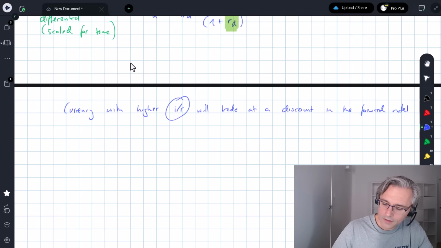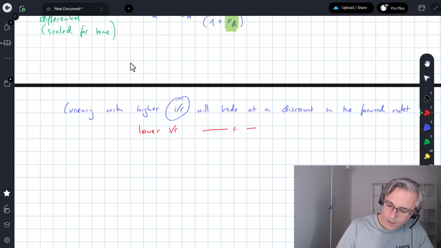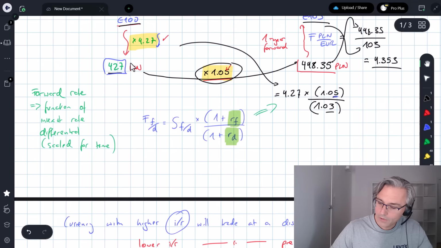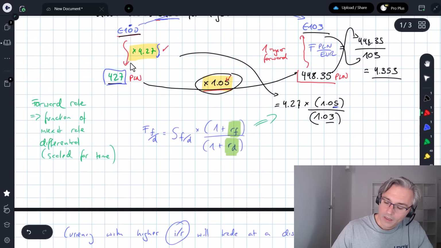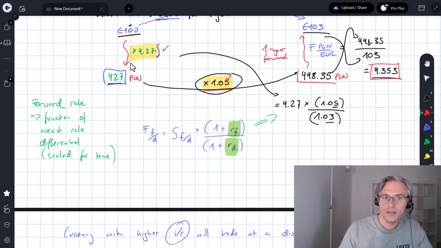And conversely, the currency with the lower interest rate will trade at a premium in the forward market. So in our case, the currency with the lower interest rate was the euro. And as you can see, in the forward market, locking in the conversion to buy the euro in exchange for Polish zloty means it costs more PLN to get the euro in the forward market than it does in the spot market.